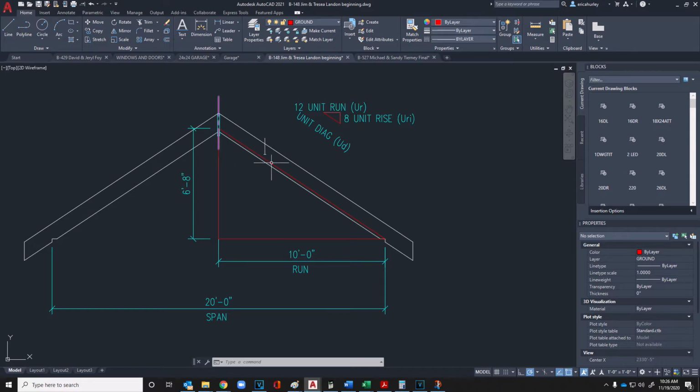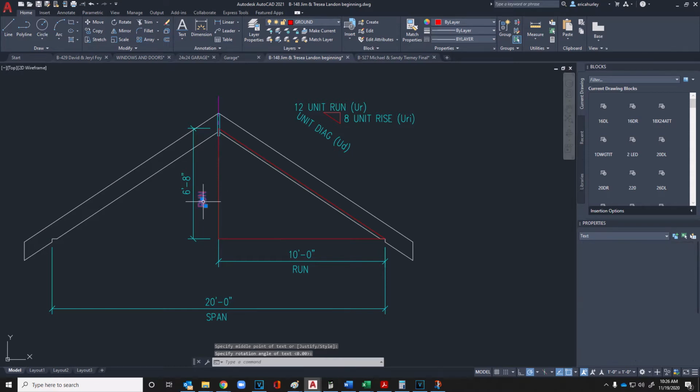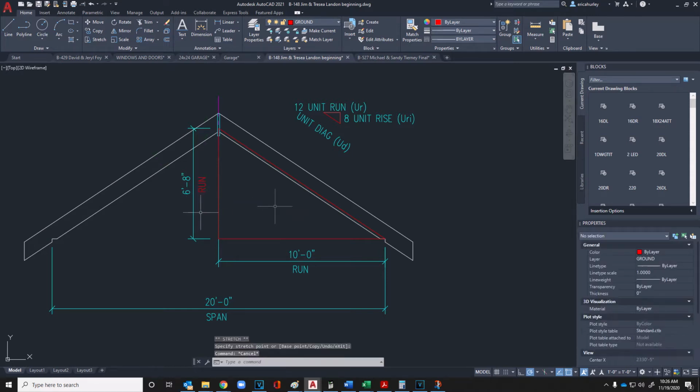Now we need to find out what our total diagonal in here is. Let me just go ahead and put, this is the run. There, run. Okay, so now I need to find out what my total diagonal is here.